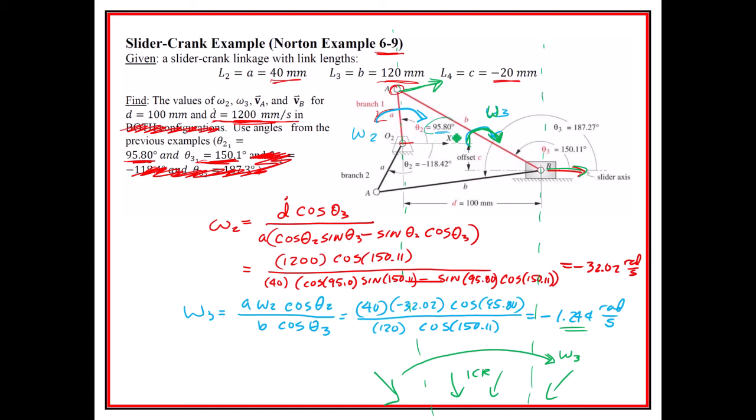It's understandable because this right here is close to being 90 degrees. If it was 90 degrees, this connecting rod would be in pure translation, right, to the right. And then once it got to that point, omega 3 would probably reverse direction. That would kind of make sense, right? Because if it was in this orientation right here, where it's moving to the right, this guy would definitely be rotating down when it got to that position.